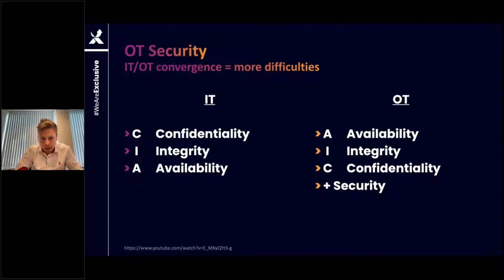With OT, we can maybe reverse the CIA triad and call it the AIC triad. Because with OT networks, availability is on the top of the list. Your systems need to be up, need to be reachable. You cannot have a glitch in the system.